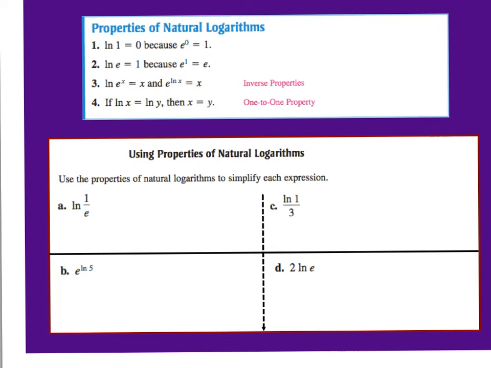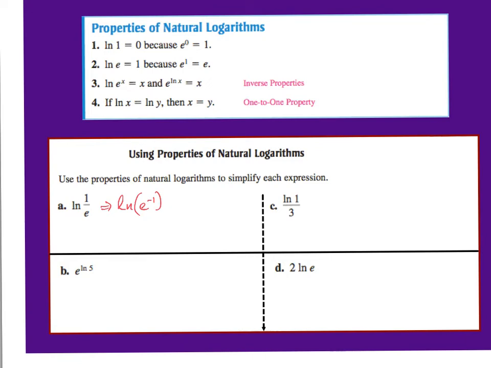So let's look at part A. I have natural log of 1 over e. Well, this is kind of different. Why did my e go on the bottom? Because he's a negative what? Exponent. So this is really natural log of e to the negative first power. That's really what's happening.